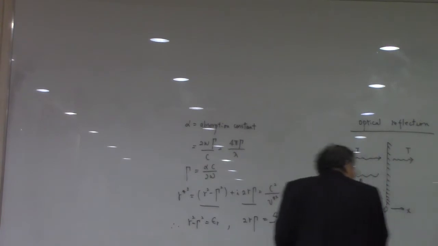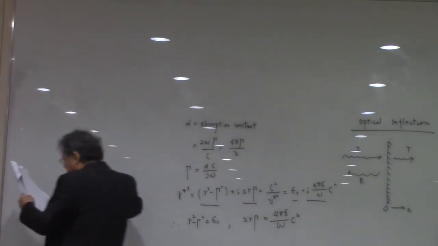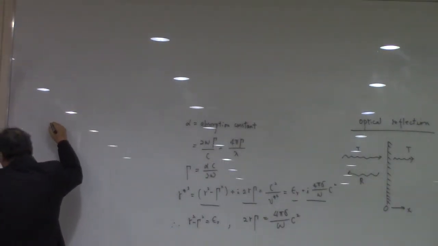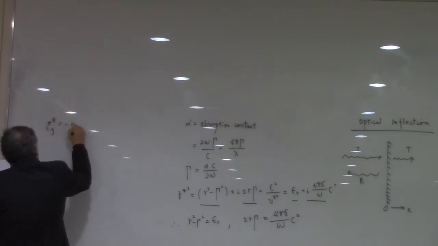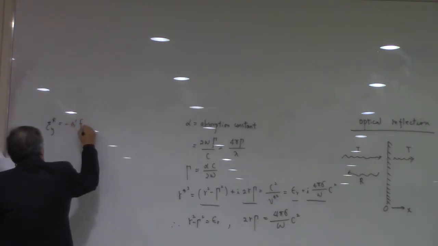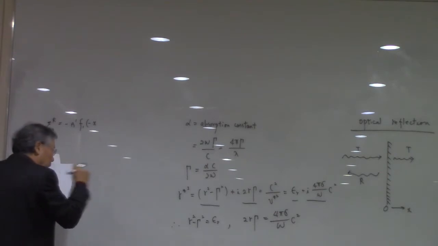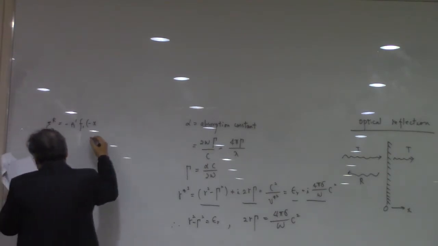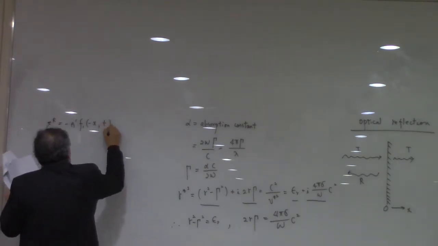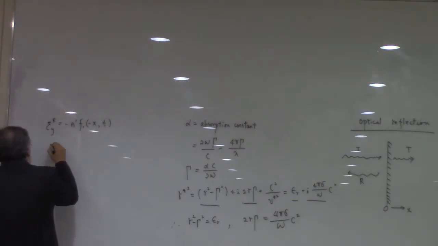We can do the same thing for the reflected beam, and that is going to be epsilon y reflected, minus A prime F1 of minus x. The direction is the negative side, so we have to change the sign of x.